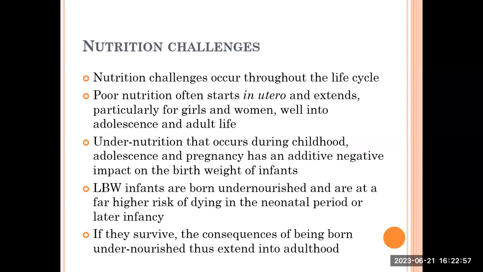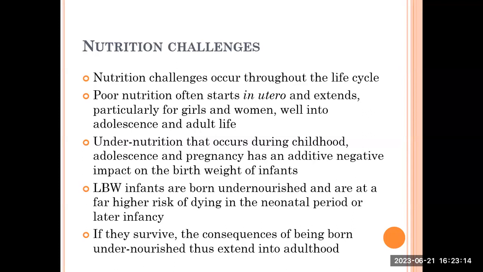Now, I just decided to put it at birth weight, but there are so many other things that are impacted by undernutrition during childhood. This is just to show that these are added burdens, apart from the conceptual problems, challenges.